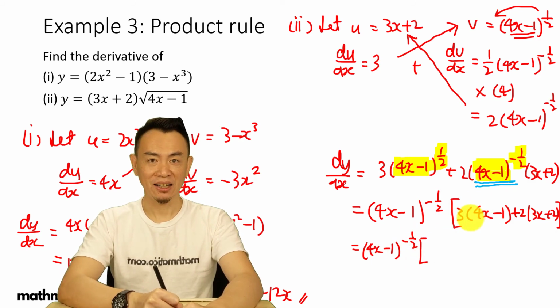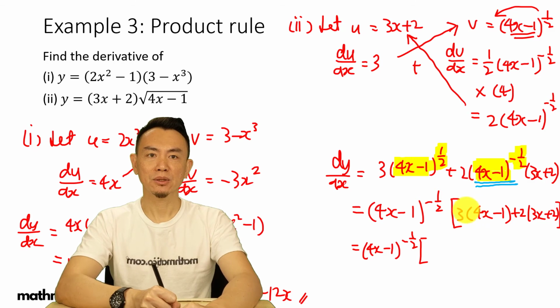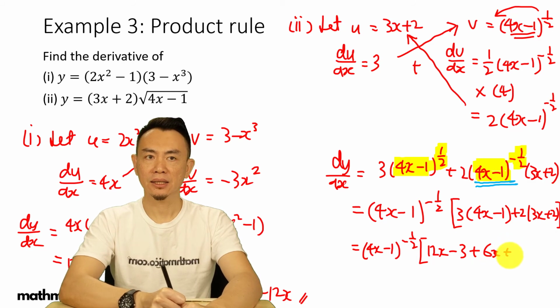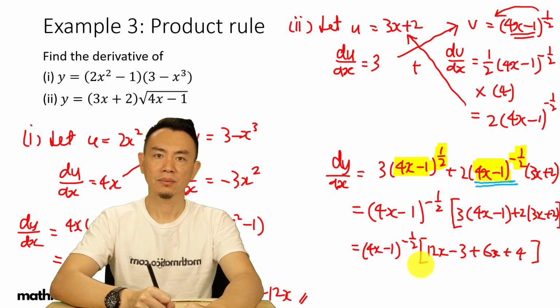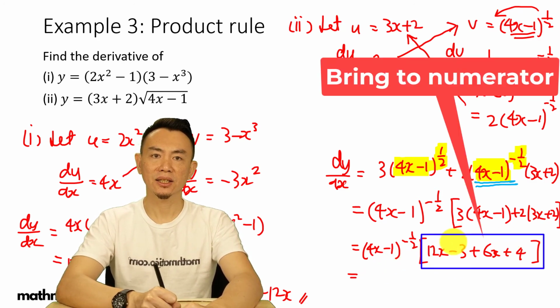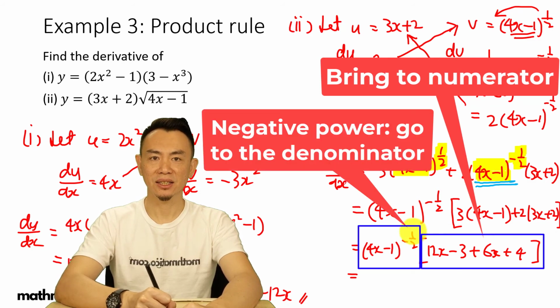Expand and simplify everything that's in the bracket. 3 times 4 is 12, x minus 3 plus 2 times 3 is 6x plus 4. So in the final answer, we can see that this is in the numerator, but this power negative half is in the denominator.